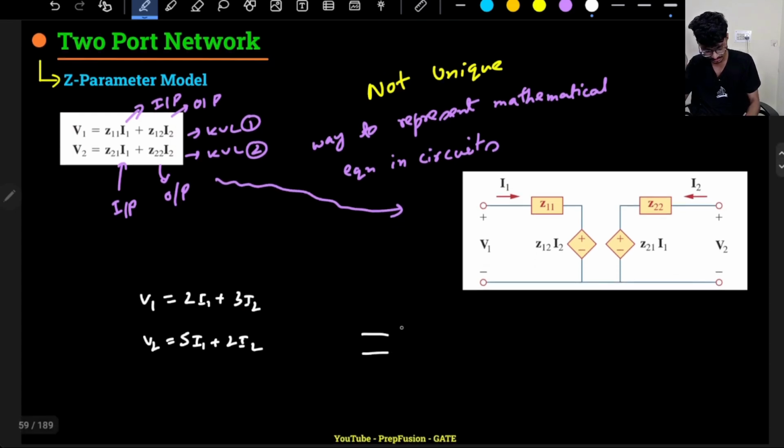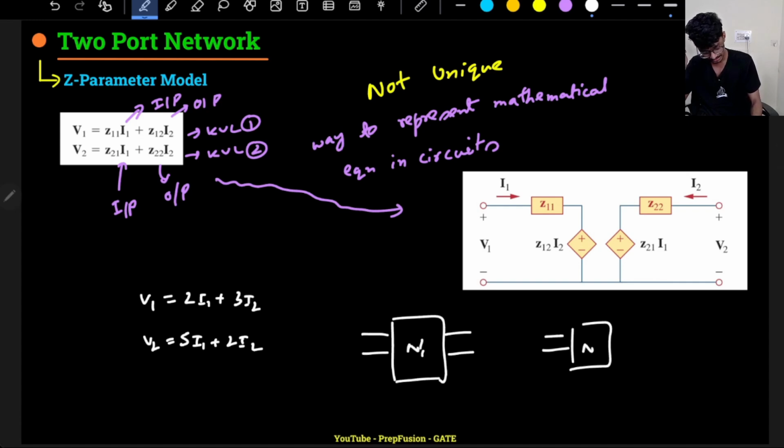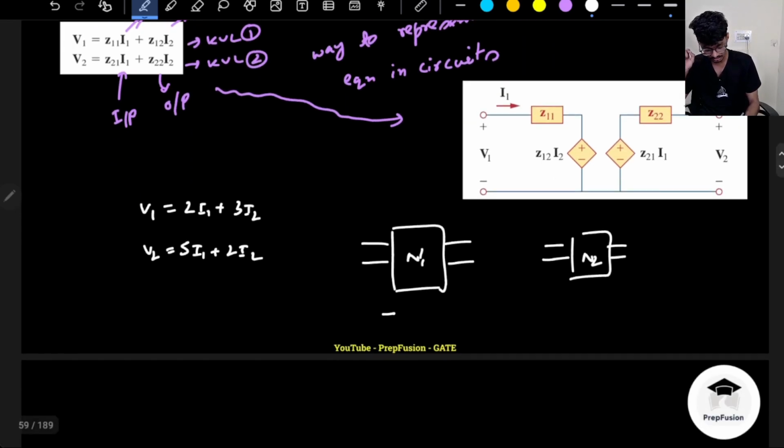So if I say the z parameters for network n1 are this, and network n2 also has the same z parameters, I cannot directly say what the elements are. If network n1 is something like this, network n2 can be something totally different. It can have dependent sources, something totally different.